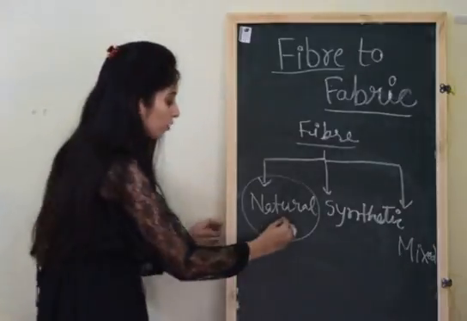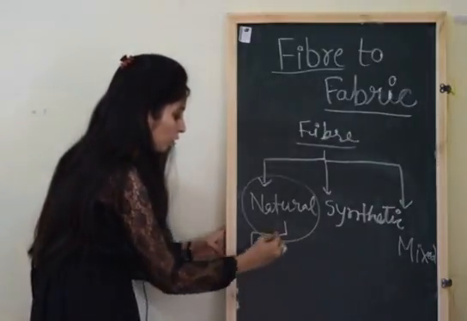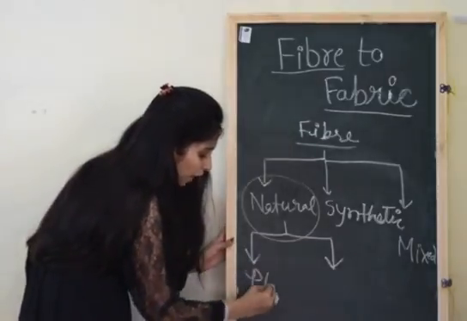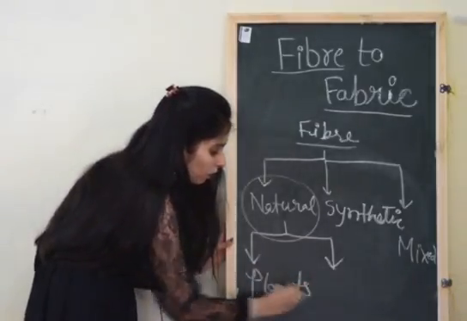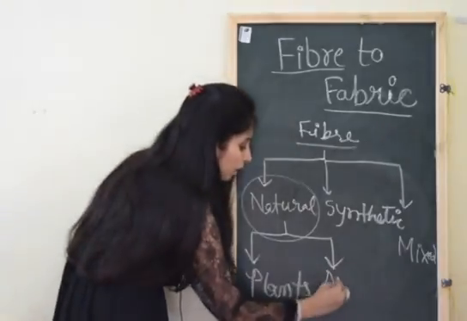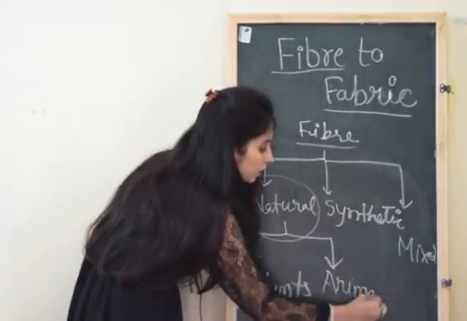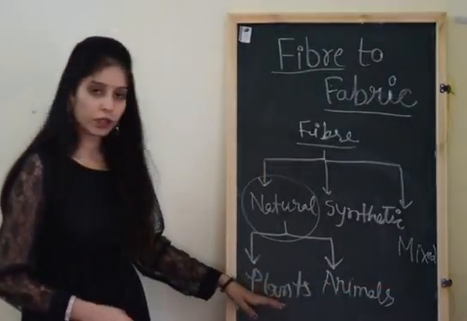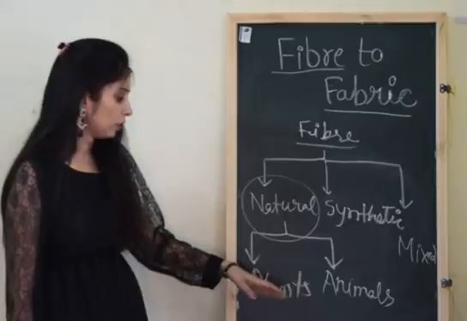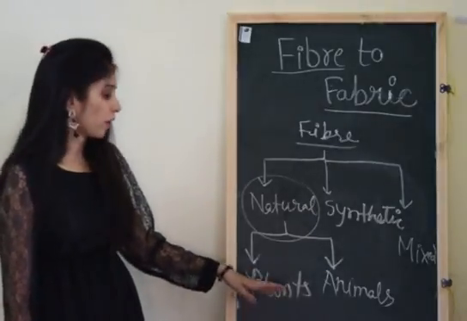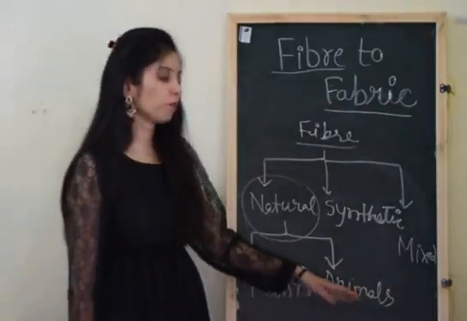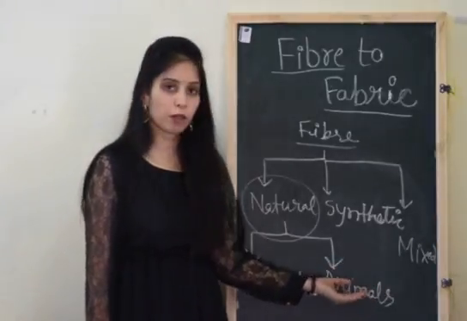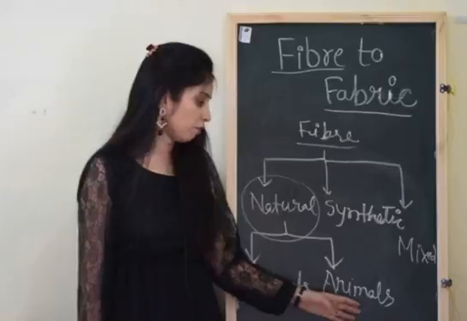We can classify natural fibers into two types: the fibers obtained from plants and the fibers obtained from animals. Cotton is an example of plant fiber, jute is an example of plant fiber, and when we talk about animal fiber, silk is an example of animal fiber, wool is an example of animal fiber.